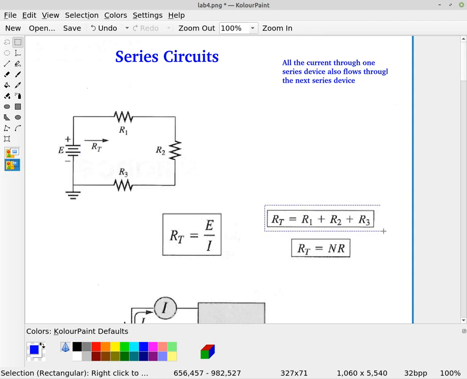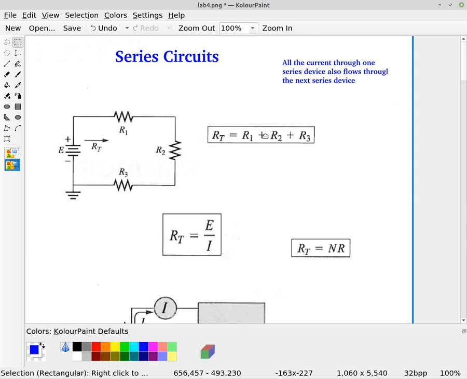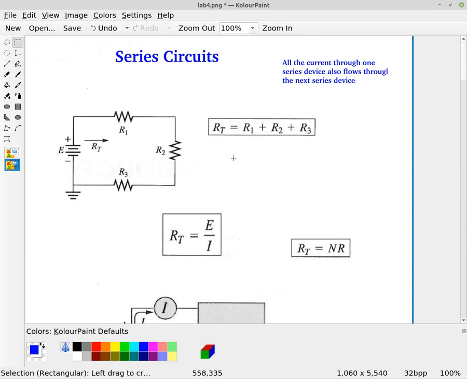So the total resistance of this circuit is the sum of the three resistors. R1 plus R2 plus R3 gives us R total. R sub T is the total resistance for a series circuit.